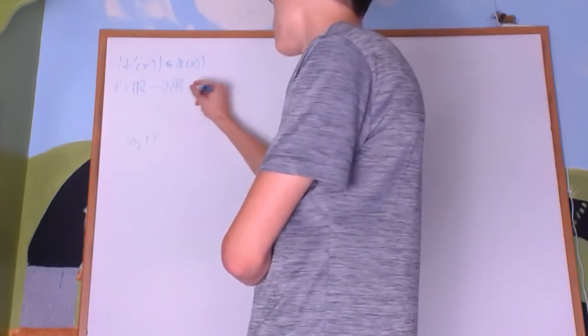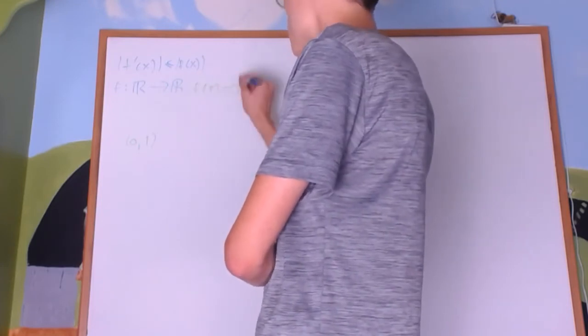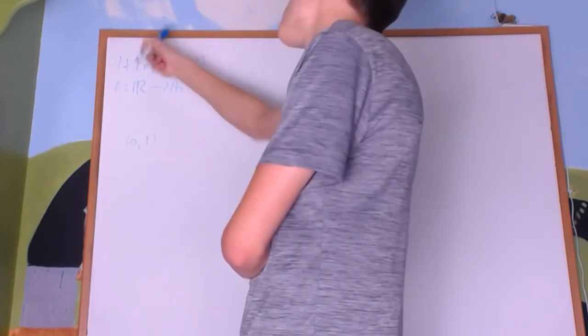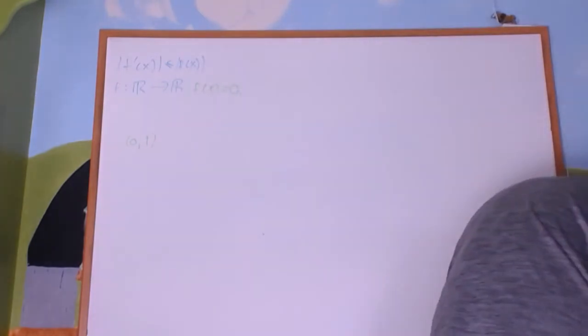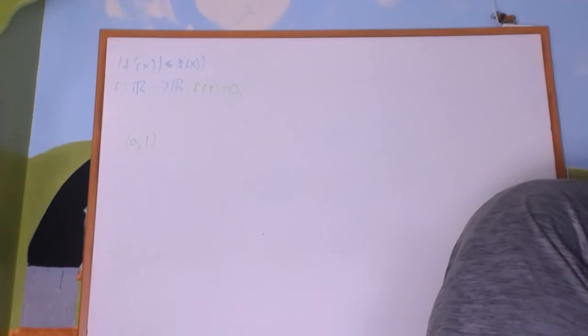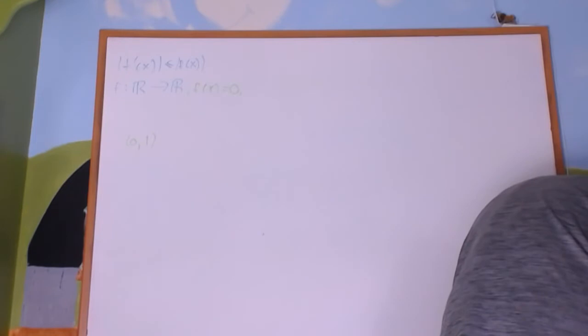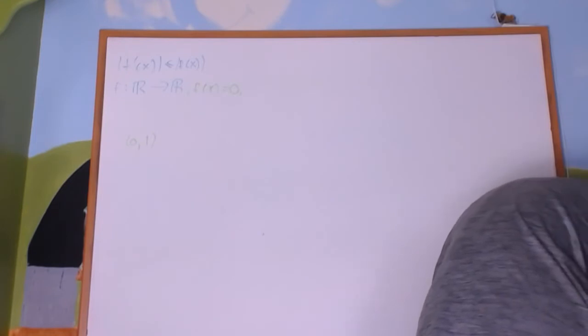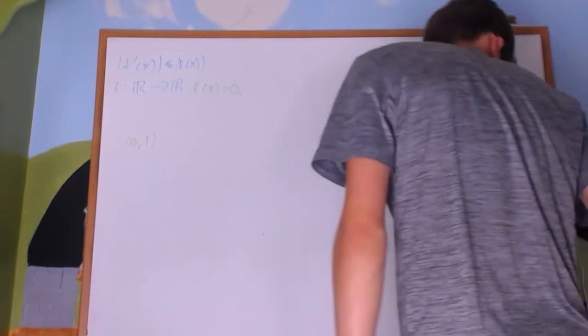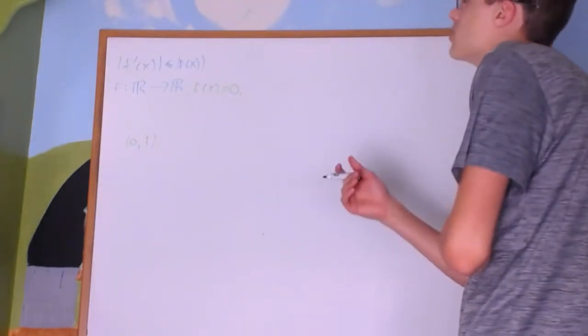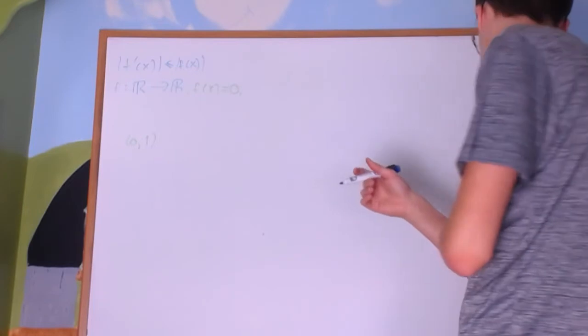So, and I also have f of x is 0 for one of them. But because it's just dealing with f prime of x, really, e to the x plus 100. Yeah, but its value at 0 has to be 0. So f of x is 0.